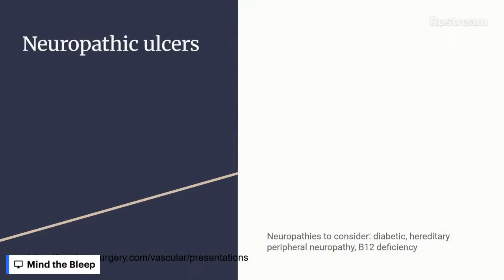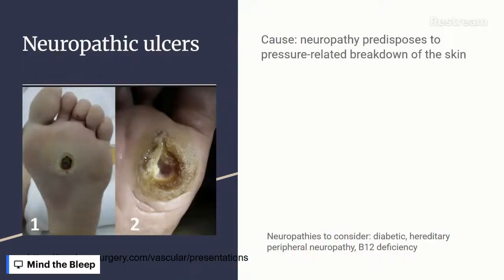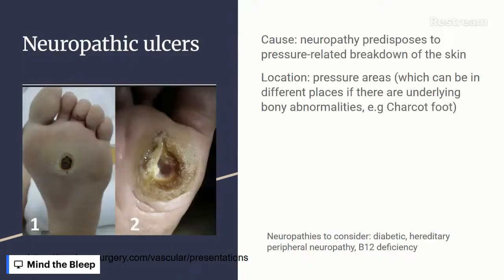Okay, on to our third type of ulcers, and these are neuropathic ulcers. So if we look at the image, typically these are located at the bottom of the feet, by the balls of the foot, or basically pressure areas of the foot.